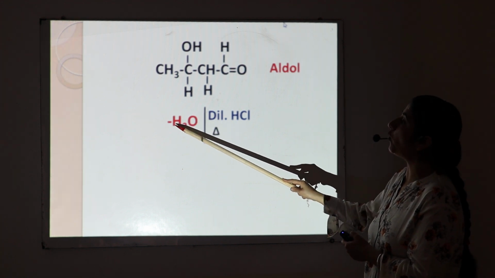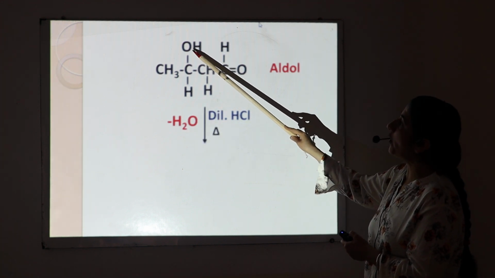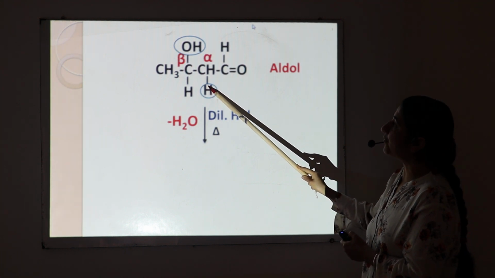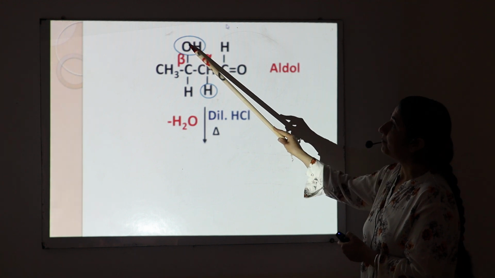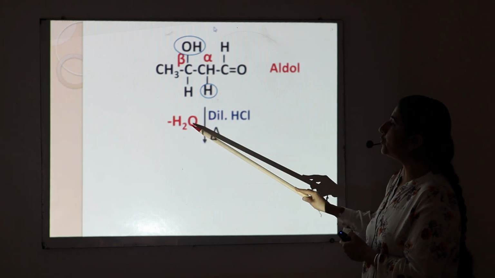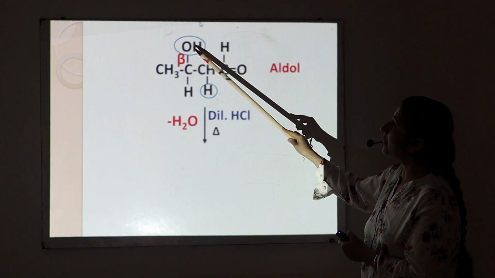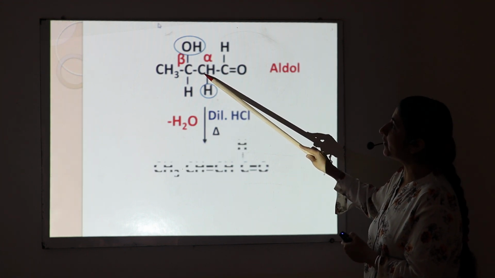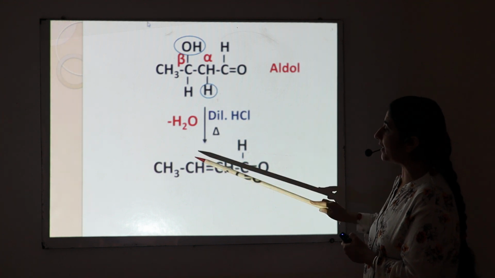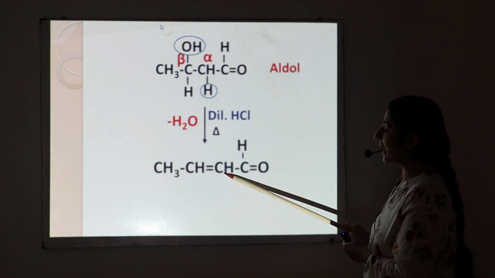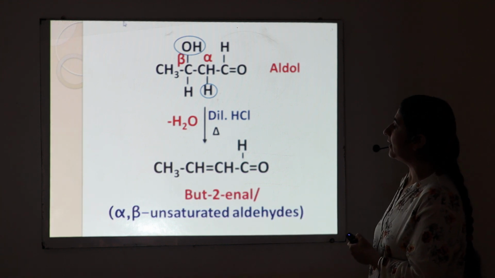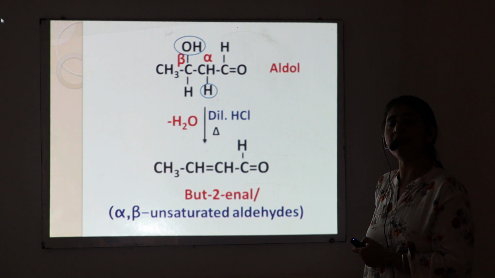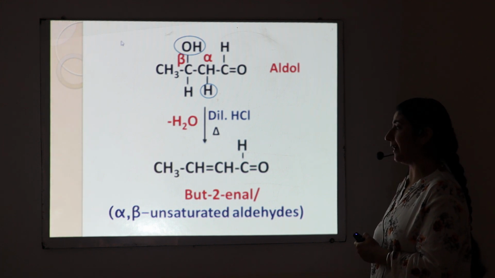The water is removed from the OH group on the beta carbon and H from the alpha carbon. After the loss of these two groups, there is a formation of a carbon-carbon double bond between these two carbon atoms. And here we get the main product, that is but-2-enal, which is also known as an alpha-beta unsaturated aldehyde.